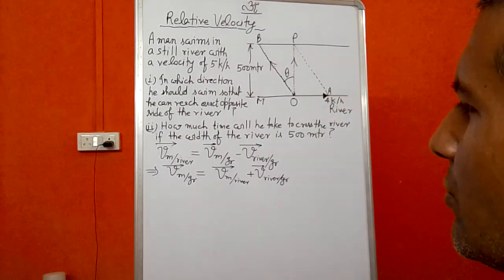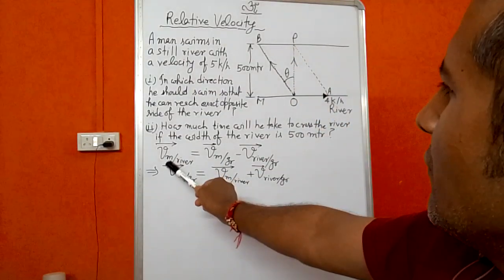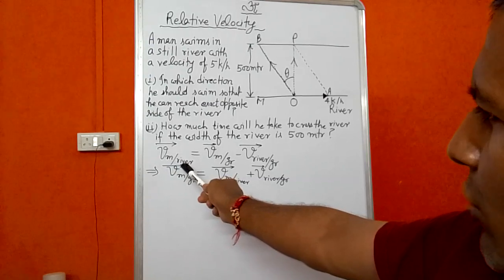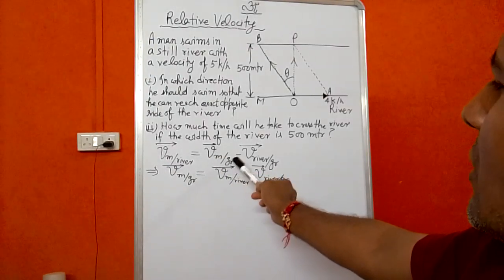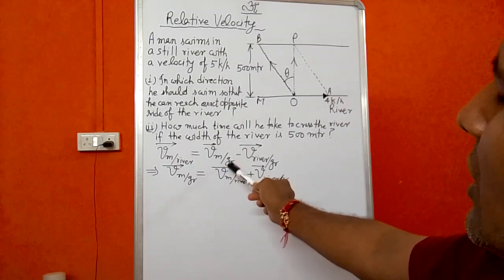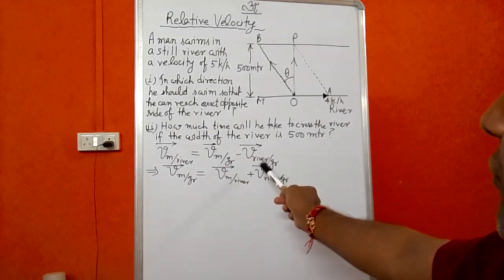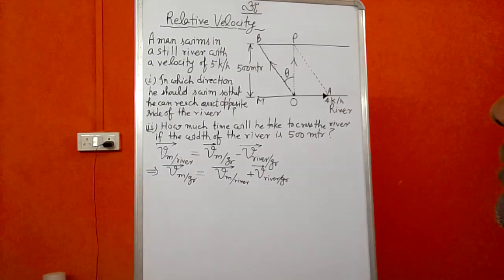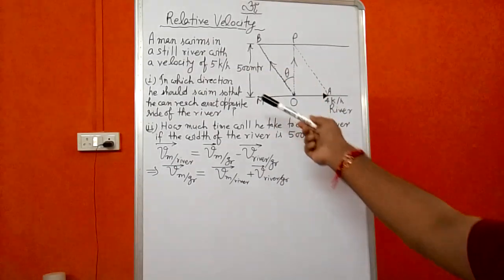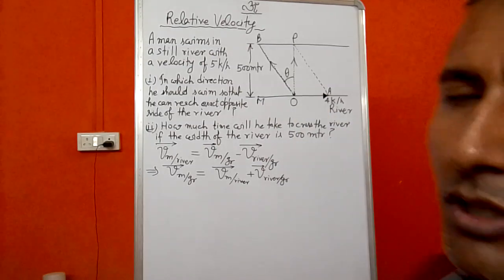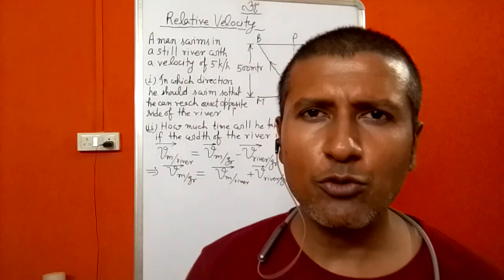So let's apply the concept of relative velocity. Velocity of the man with respect to river is given by velocity of the man with respect to the ground minus velocity of river with respect to ground. Ground or still river we can take as the reference because both things are not moving.